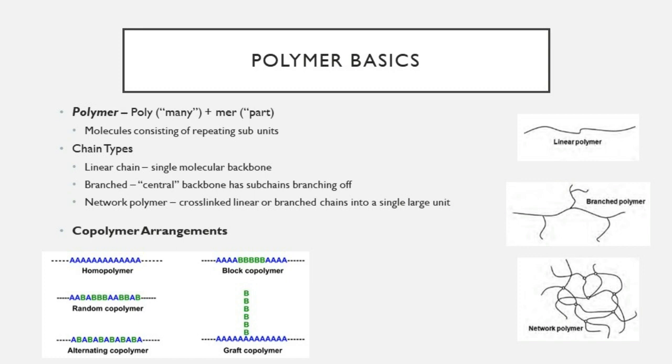Different subunits could still be mixed in with each other, but in a very organized alternating fashion, like in this ABA format. We could also have graft copolymers, which are different linear chains that are cross-linked on the backbone of one another. And note that all these structures can be further extrapolated when incorporating third polymer chains, fourth polymer chains, so the combinations are really limitless.